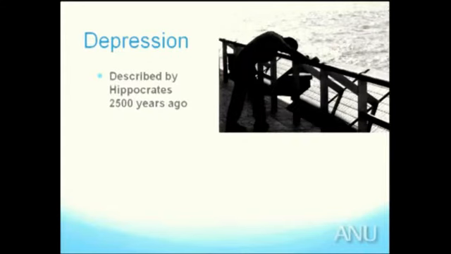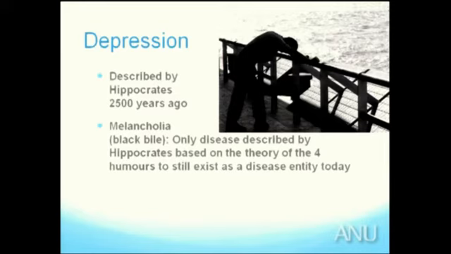Depression is a disease that was described by Hippocrates 2,500 years ago. So it's not a new disease that people just realized is around very recently. It's been around for a long time. And actually, the term that Hippocrates used for melancholia, which is black bile, is still an official name used in the American Psychiatric Association Diagnostic and Statistical Manual classification of disease for depression.